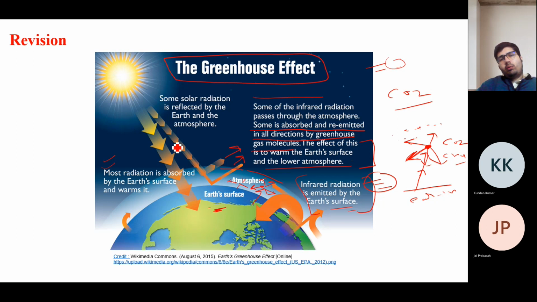The major outcome from the slide was that the Earth radiates infrared radiation only, and the greenhouse gas molecules are sensitive to infrared radiation. They absorb the infrared radiation and emit that heat in every direction. In that way, the greenhouse effect happens.